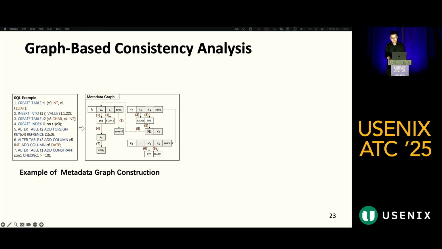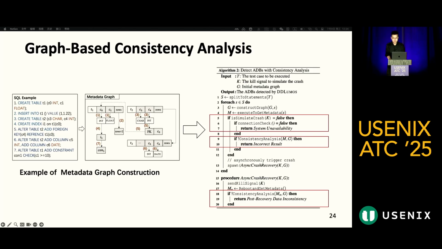This analysis involves two critical steps. In the first step, for a test case, DDLumos constructs a metadata graph that represents the schema elements and their relationships before and after executing each DDL statement. Then, based on the metadata graph and DDL execution scenario, DDLumos analyzes the metadata state resulting from the DDL operations.